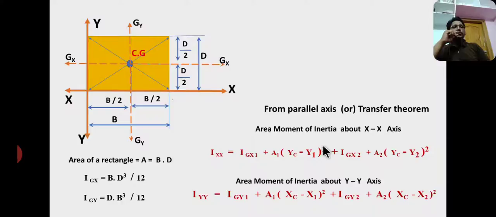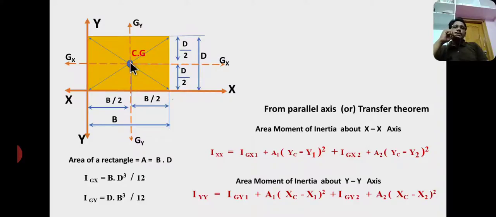First of all, we have to know the fundamentals about centroid and moment of inertia. The centroid of a rectangle lies where its diagonals meet each other. These are the diagonals of the rectangle, and this is the intersecting point.